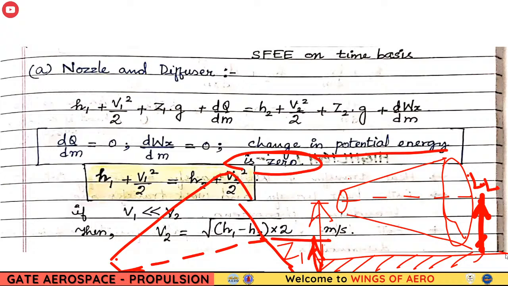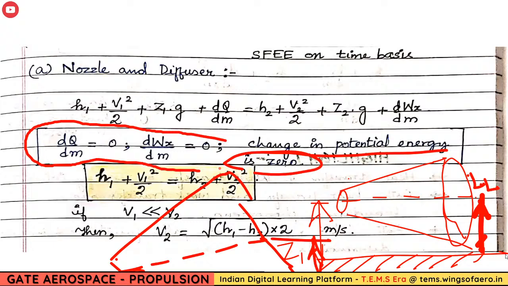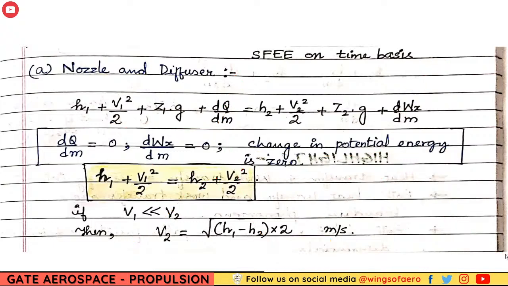Got it? But ensure that there won't be any heat added into the system, nor work done by the system, in nozzle and diffuser. So obviously, these terms will become zero. Now, when you substitute that, you will get this.